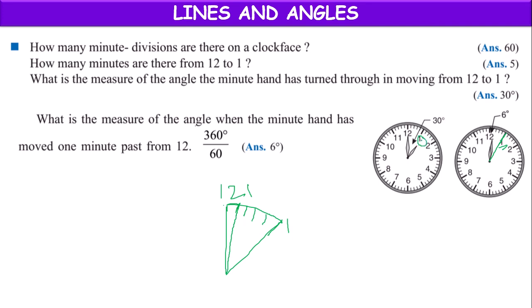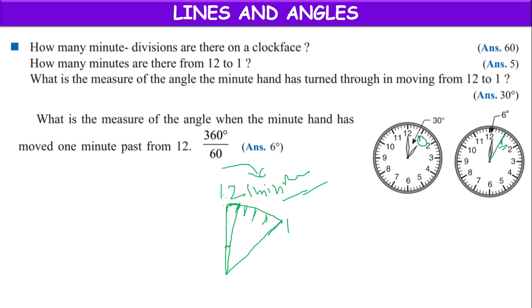It is equal to 5 minutes. On the wall clock, 1 minute means after 12, before 1, there are 5 divisions. The first division line will be the 1 minute line. So the arc between 12 and 1 minute passed from 12 means 1 minute crossed after 12.